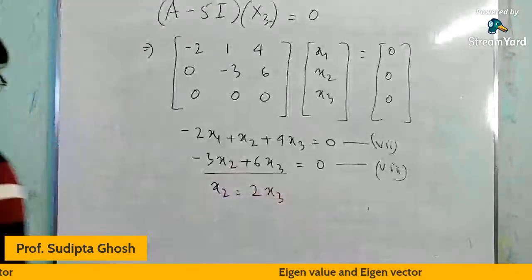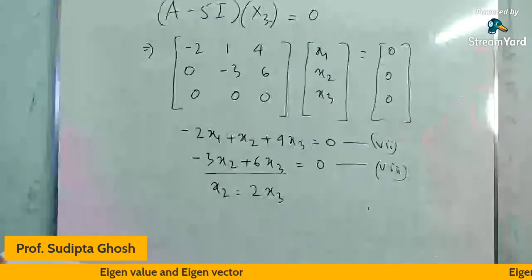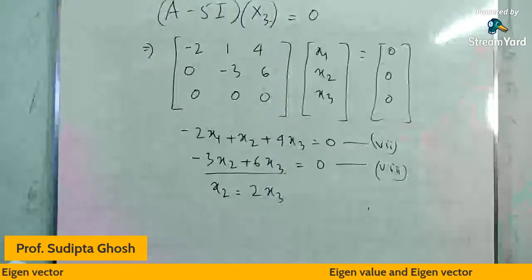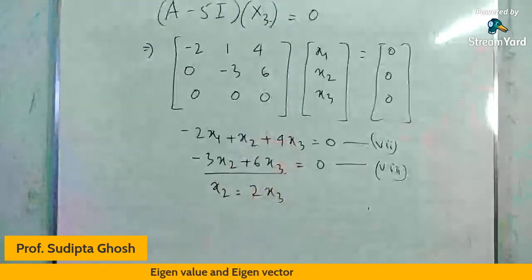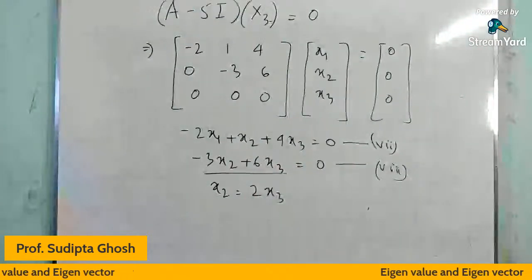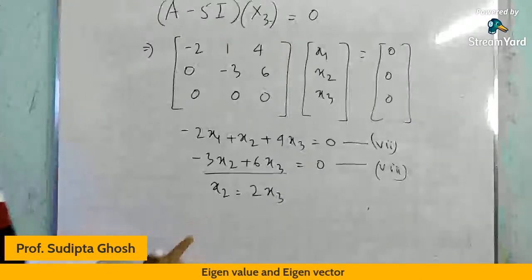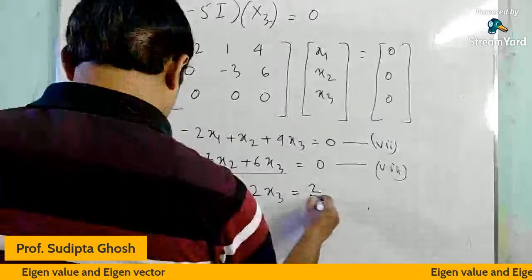If we put x2 equals twice x3, that means twice x1 equals 3x2. So that means x1 is 2/3 of x2.